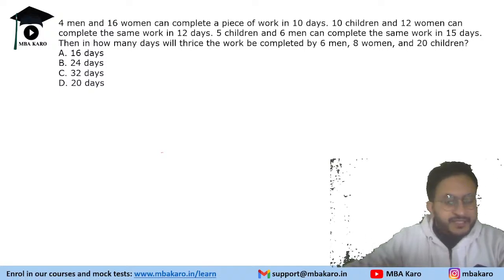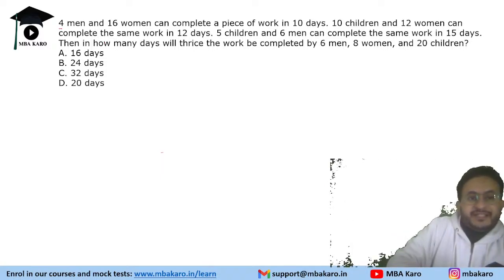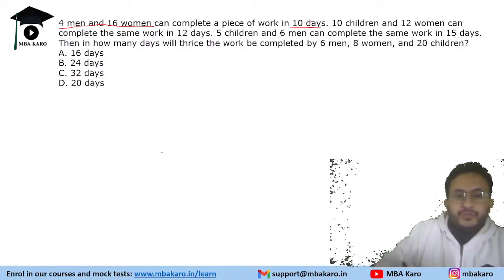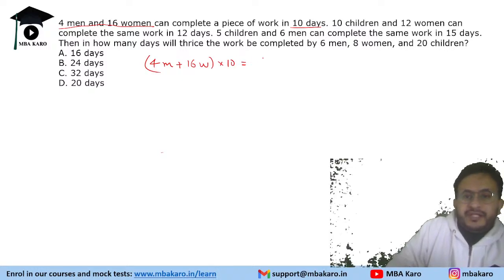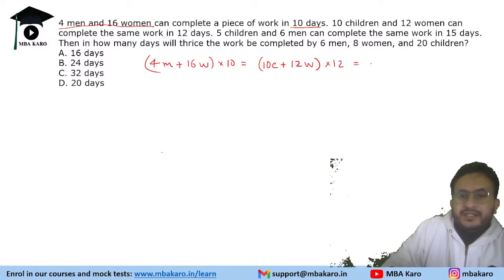So let's make this equation. We have 4 men and 16 women. They completed in 10 days. So 4m plus 16w in 10 days, right? That is equal to 10 children plus 12 women in 12 days, and that is equal to 5 children plus 6 men in 15 days.